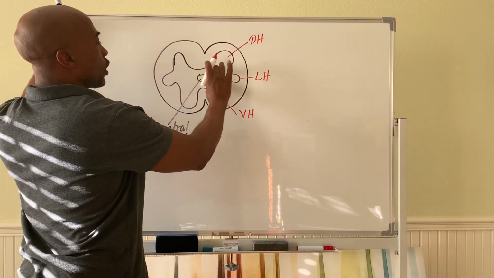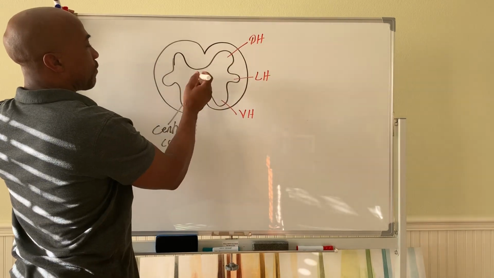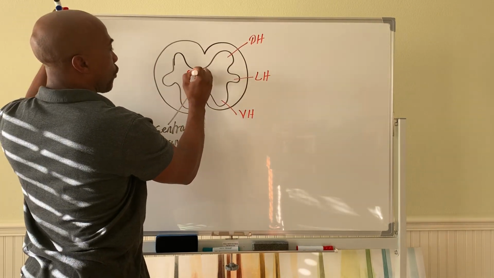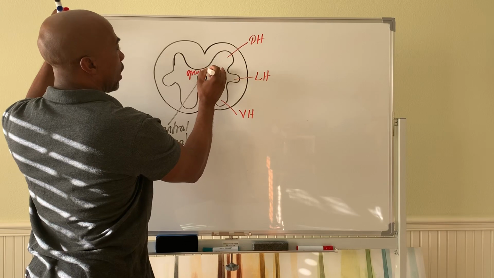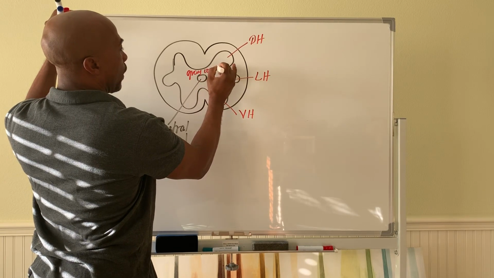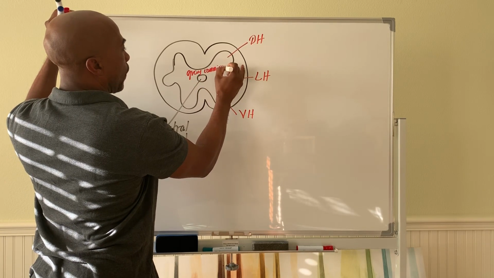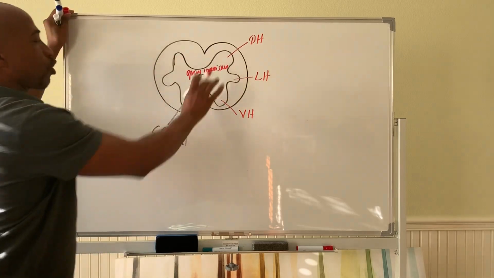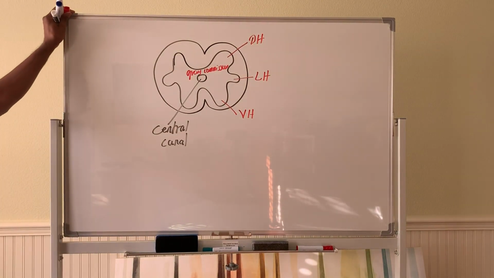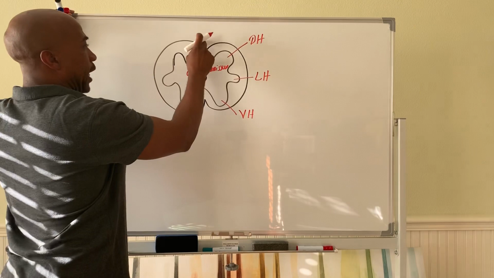The crossing point between the right and left half, this part here, is called your gray commissure, the bridge across the right and left side. These demarcations here are real.